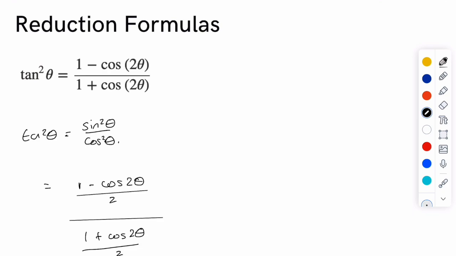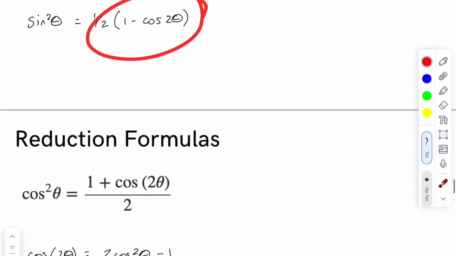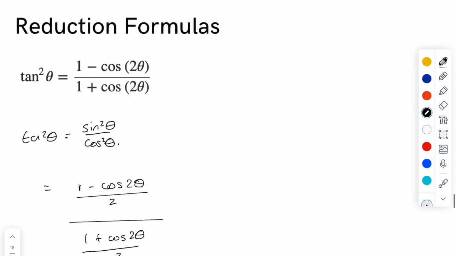Okay, so as you can see, we've got these two here. That's just a case of simplifying this out.